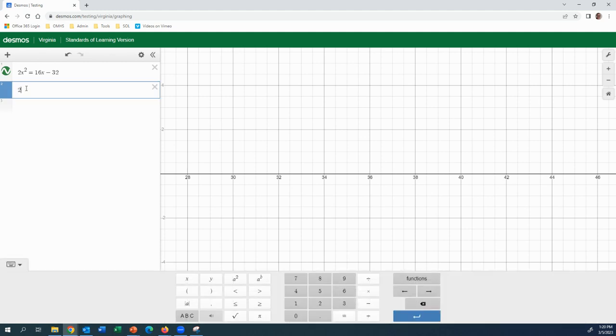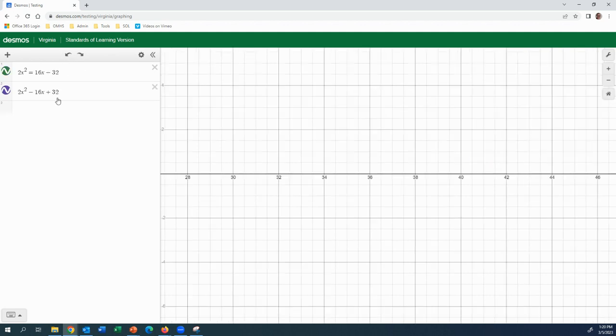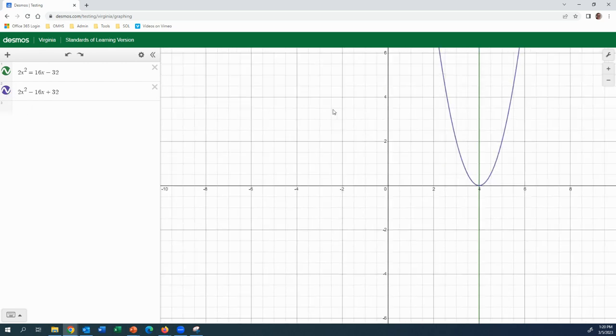Let me see what this says. 2x squared minus 16x plus 32. Should be the same thing. Oh, what? Wait, did you see that? Did I type it in wrong before? What? Y'all see what's happening?